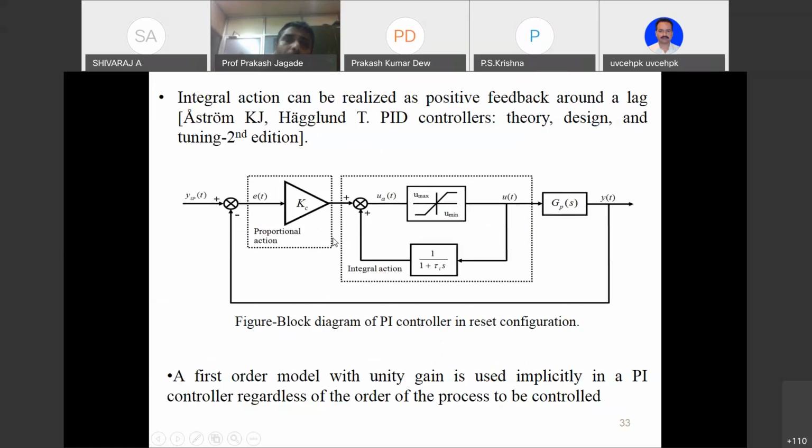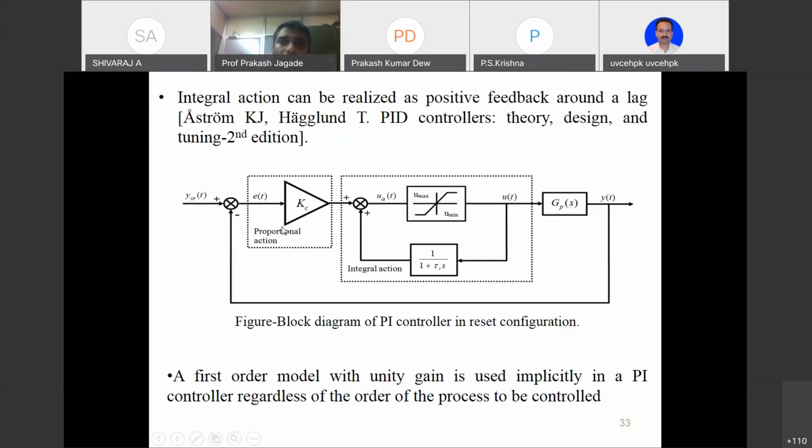With the help of this PI controller, you can control any process. The process that I have considered here is GP, the transfer function of the process. Irrespective of the order of the process, could be first order, second order, a process with dead time, or an integrating type process, if you look inside the controller, a first order transfer function is used.